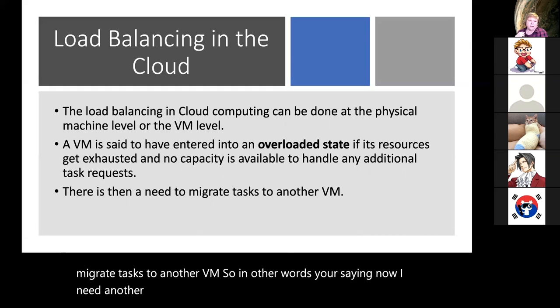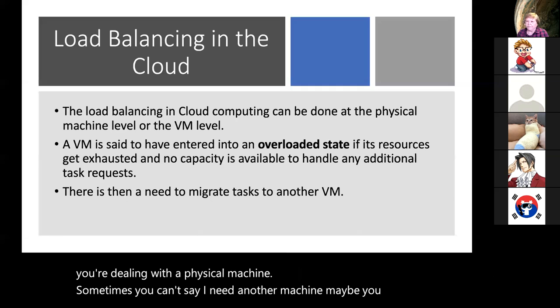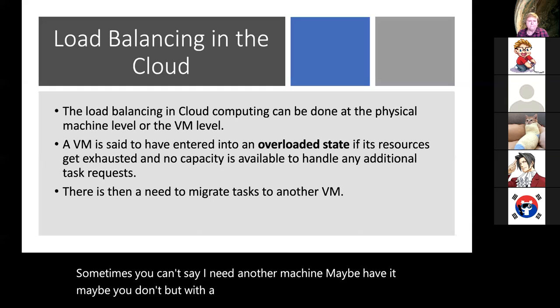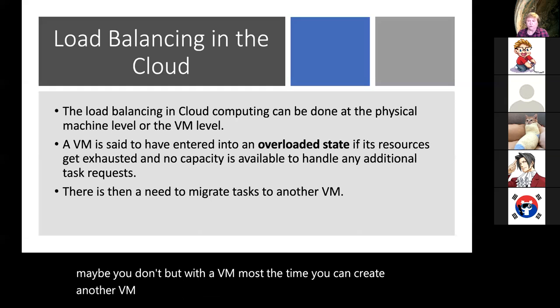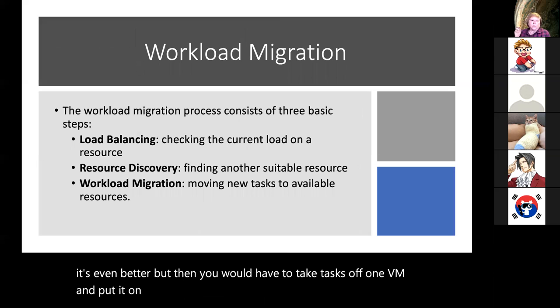This is different from physical, where you're dealing with a physical machine. Sometimes you can't say I need another machine. Maybe you have it, maybe you don't. But with a VM, most of the time you can create another VM, and usually you may be doing it on another machine, so it's even better. But then you would have to take tasks off one VM and put them on the other. So workload migration happens a lot.